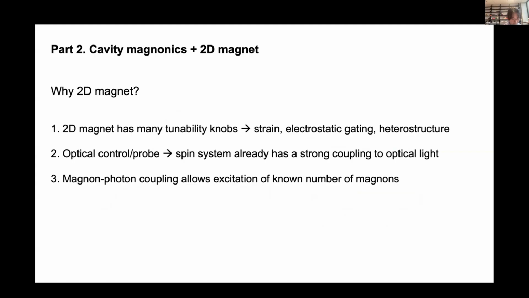And so our group started working on how we can bring in a new aspect by incorporating the 2D magnet, chromium sulfur bromide, that we're studying into this whole field, and also address the question that I had with my experimental condition.